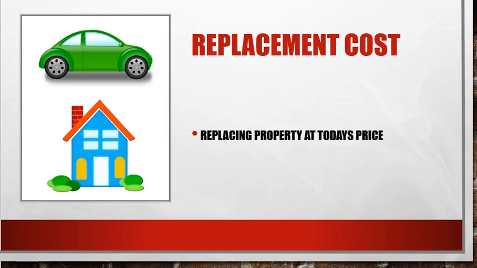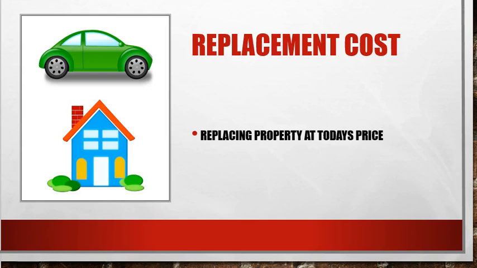You can insure it at a different value if you want to, but it's only going to pay out what you insured it for. So there's some instances where a person can insure a portion of their home at a replacement cost value. For example, if the replacement cost value for the home is $200,000, but the owner only insured it for $150,000, then the replacement cost value of the home would still be $200,000, but the amount you would get back to restore your asset in the event of a total loss would be the $150,000 that you insured it for.